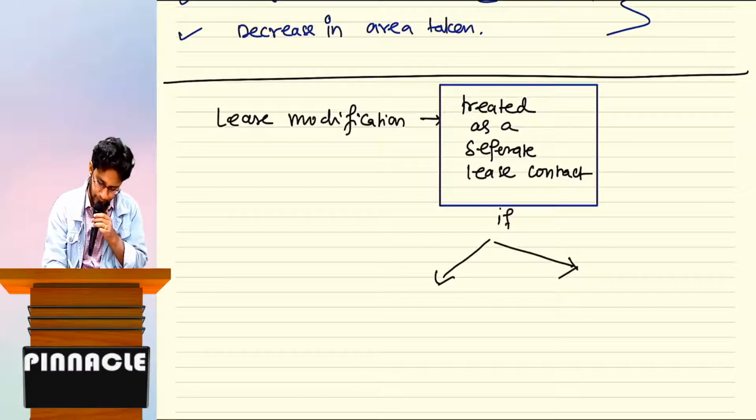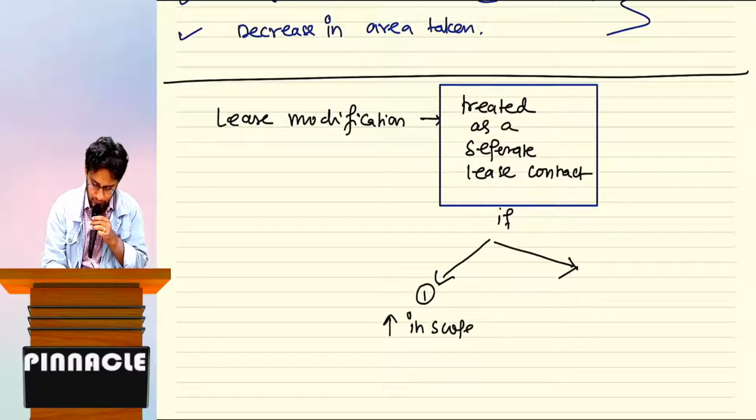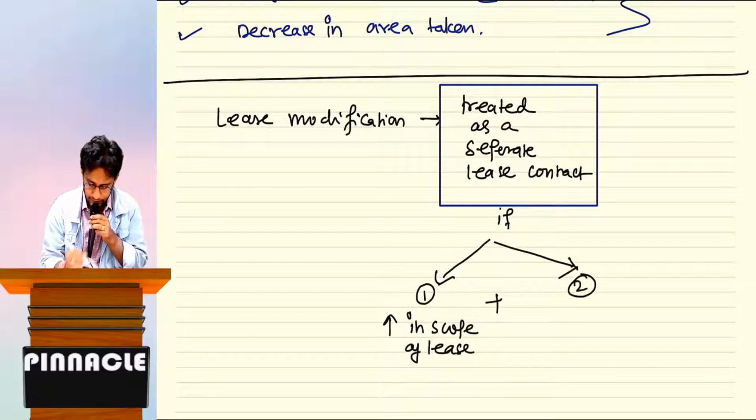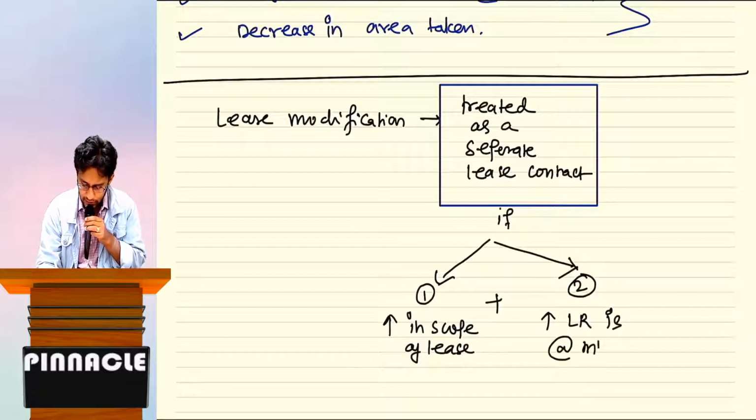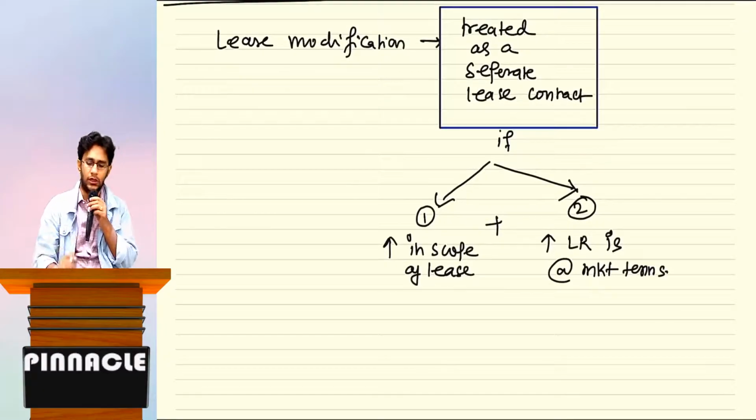Number 1, there is an increase in the scope of lease, plus number 2, the increase in lease rents is at market terms. Now look at an example.